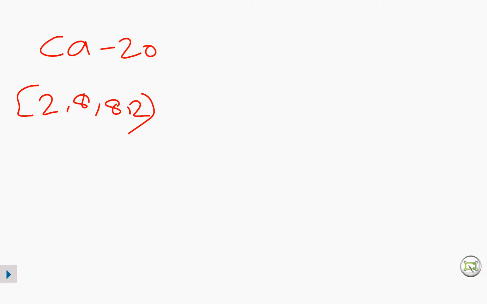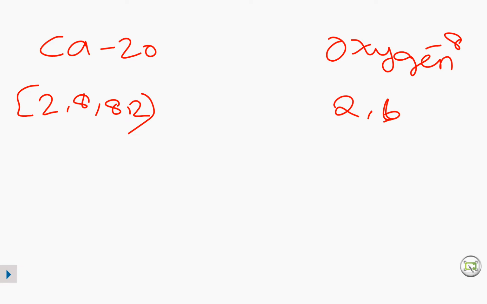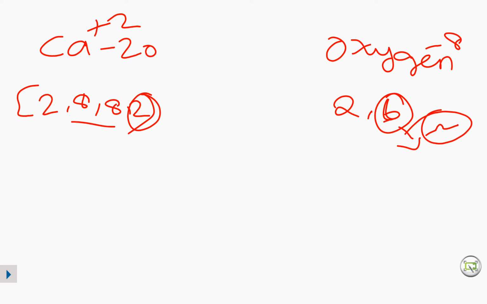Let us take one more example, magnesium chloride, or we can take calcium oxide. Let us take calcium. The calcium atomic number is 20, so the configuration is 2, 8, 8, 2. Then oxygen has atomic number 8, so its configuration is 2, 6. Calcium has to lose 2 electrons, and oxygen has 6, so it must gain 2 electrons to become an octet.